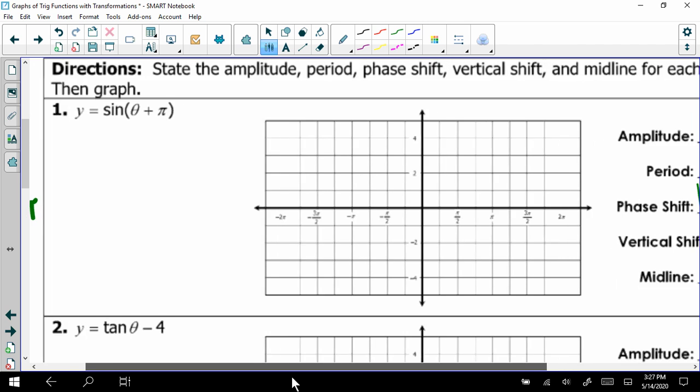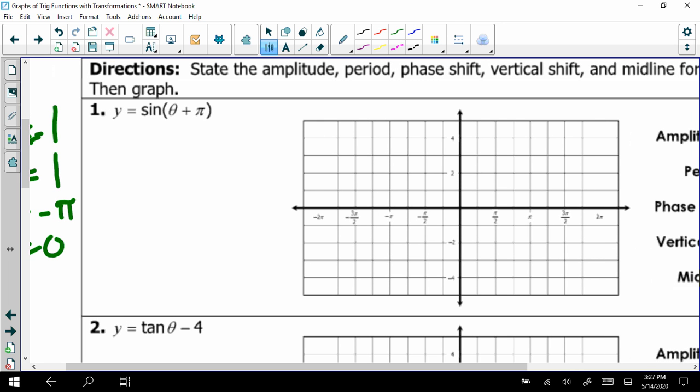All right, now I'm going to do the table of values for my parent function for sine, using my quadrantal angles, going around my unit circle.